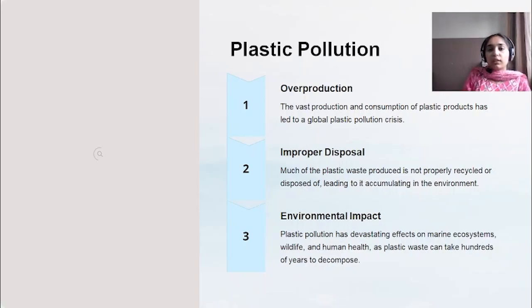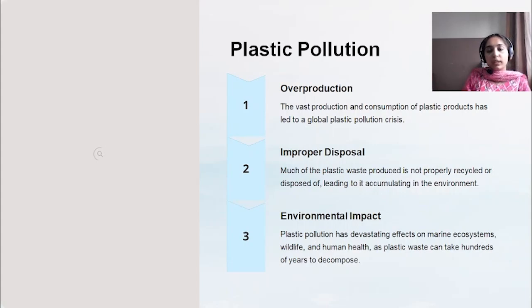Plastic is convenient to use, and in our daily life we use numerous objects and articles which are made up of plastic. So that leads to overproduction of plastic, and overconsumption and throwing of plastic without recycling it make it a disastrous problem for the earth, or we can say for the land.